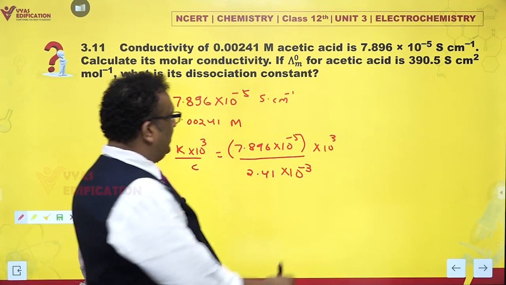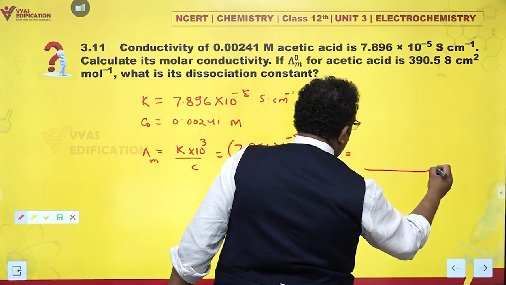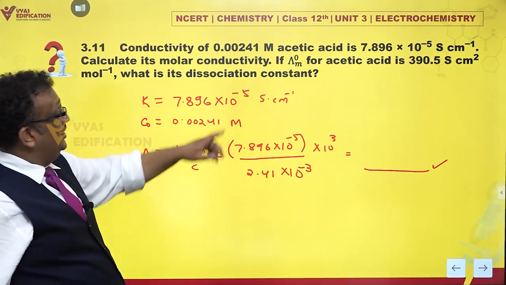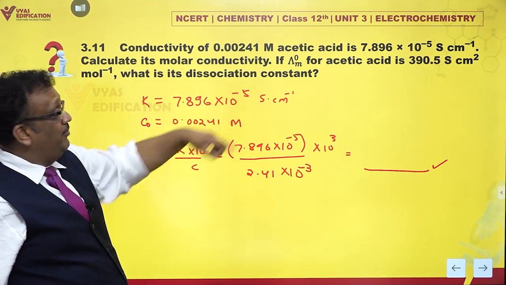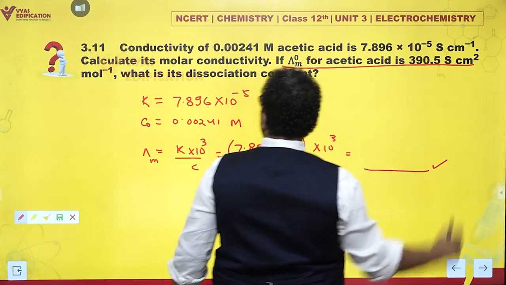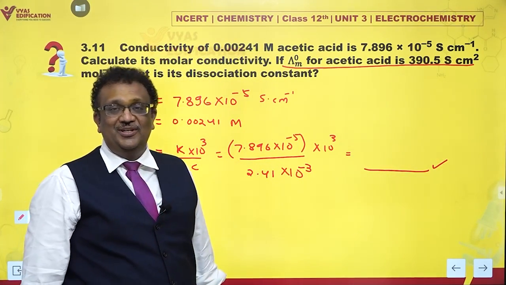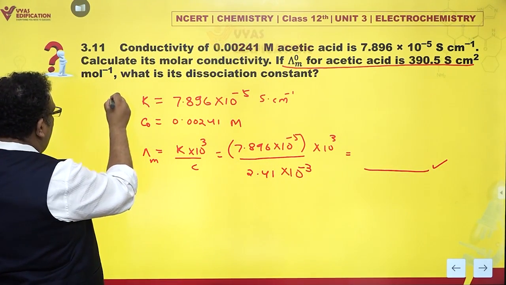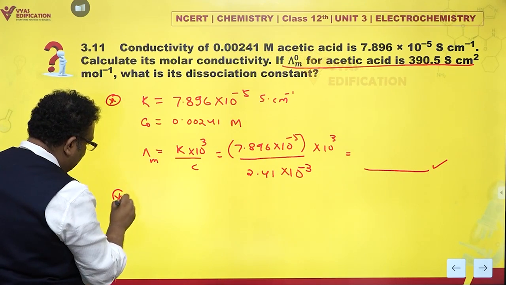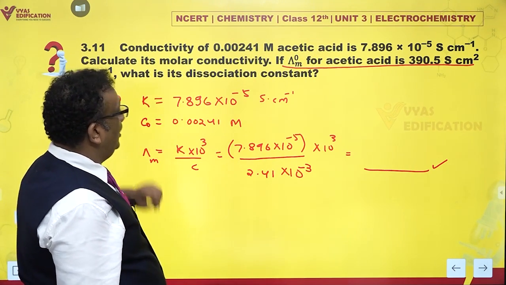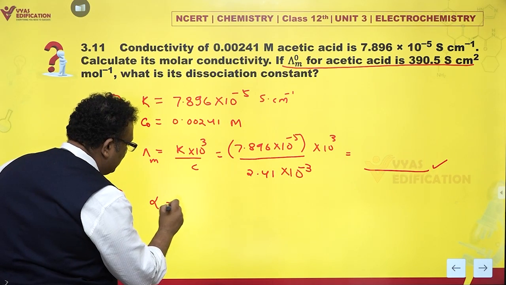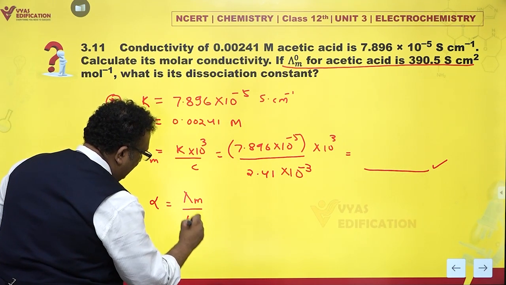Now, once we obtain a certain value of lambda m, they are talking about the second part. Lambda naught m is given as so much. What is the dissociation constant? So, this is the first part, and now let me do the second part. Degree of dissociation alpha is lambda m by lambda naught m.